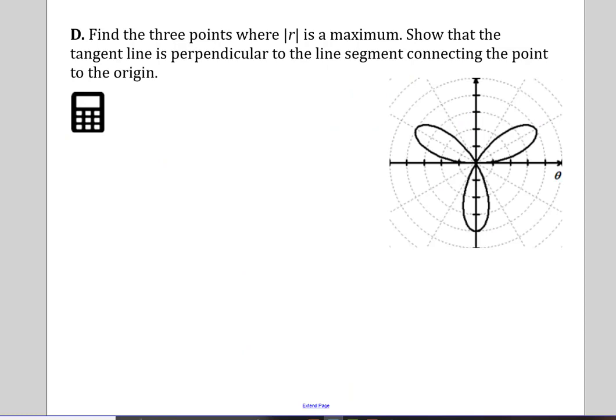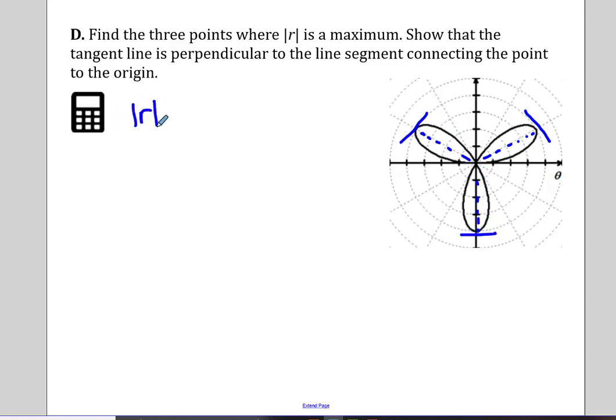Okay, oh, I missed one part. So on part B, we want to find the 3 points where the R value is a maximum, and show the tangent lines perpendicular to the line segment connecting the point to the origin. So I would imagine that would be this tangent line, that tangent line, and then that tangent line.